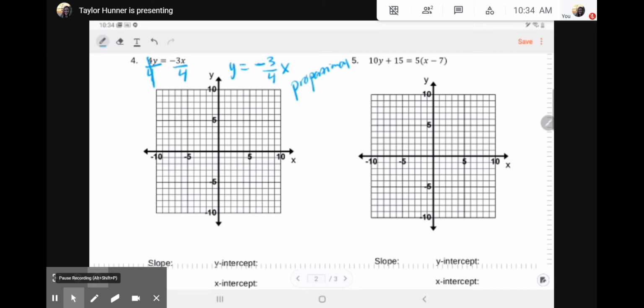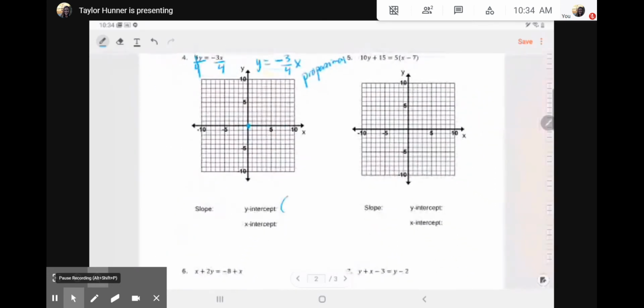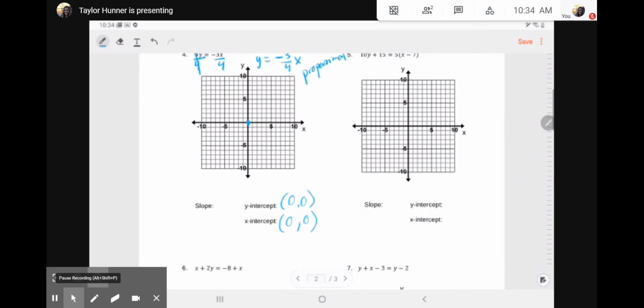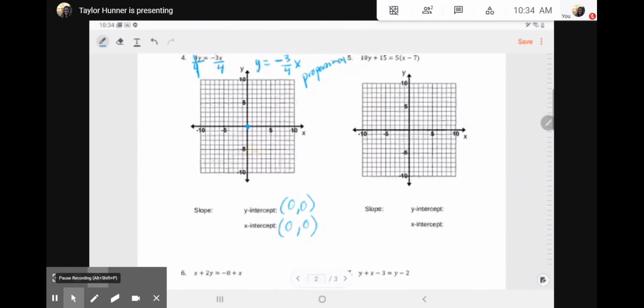That means my graph actually has to pass through the origin. Remember, when my y-intercept is (0, 0), the only possible thing that could happen for my x-intercept is for it to also be (0, 0), because if I were to plug in 0 for y and solve for x, x would have to also be 0.